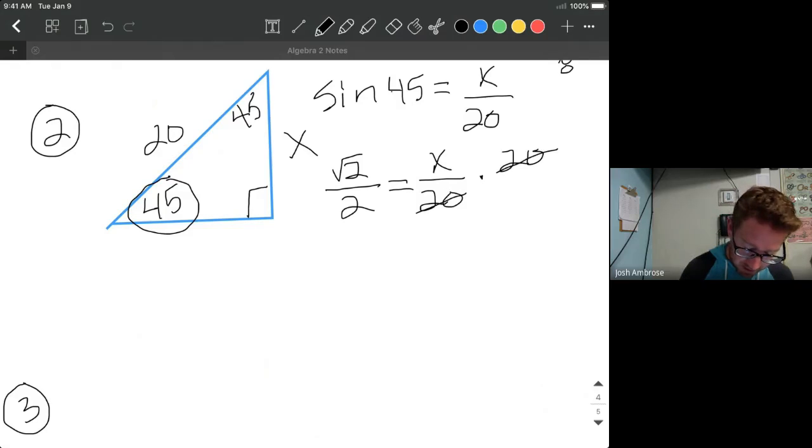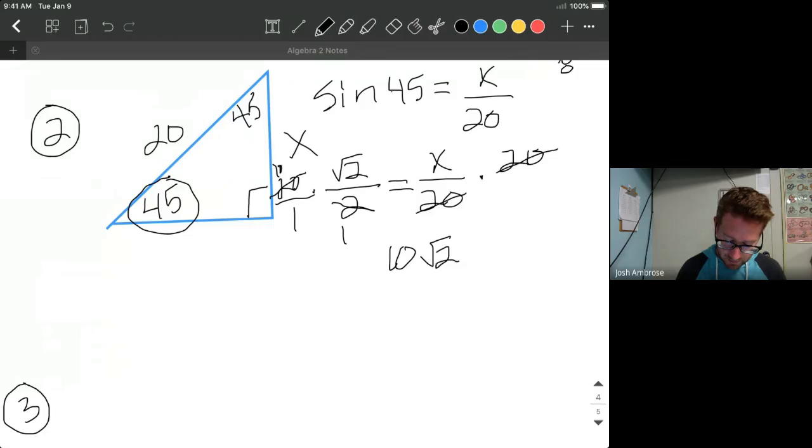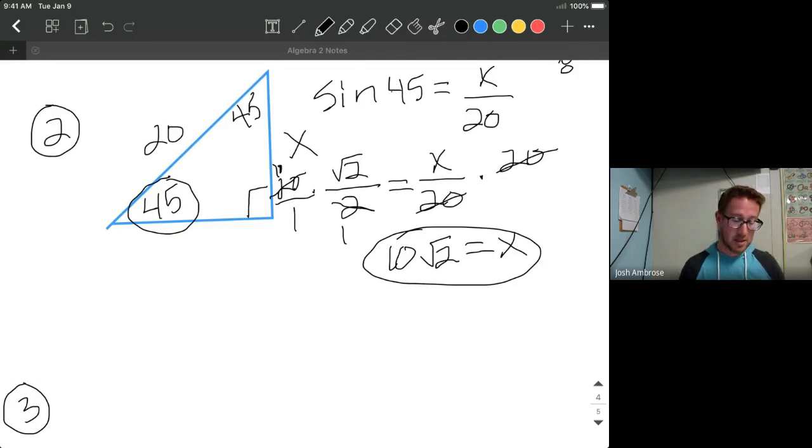And what you do to one side, you always have to do to the other. So now you're looking at 20 over 1. Don't worry about that radical 2, you're going to leave it as a radical 2, but you can reduce here. The 2 drops down to a 1, and the 20 drops down to a 10. So let's make this look a little neater. You have 10 radical 2 equals x. So that is your example 2 problem.